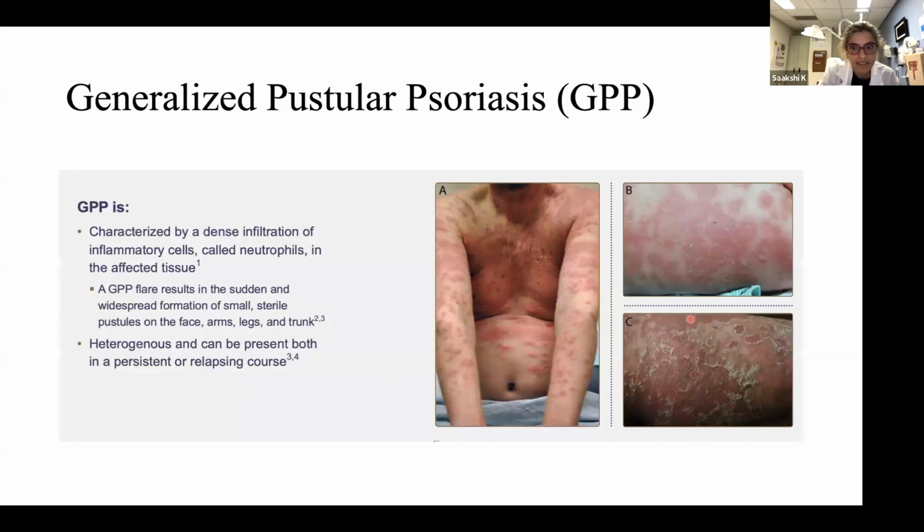The second skin condition that you guys can see admitted in the hospital is generalized pustular psoriasis. It is not a subset of psoriasis because I'll talk about the immune pathogenesis. It's a little different. And what patients have is this, and when they're having a flare of GPP, they have these sudden widespread red patches with sterile pustules that are at the periphery.